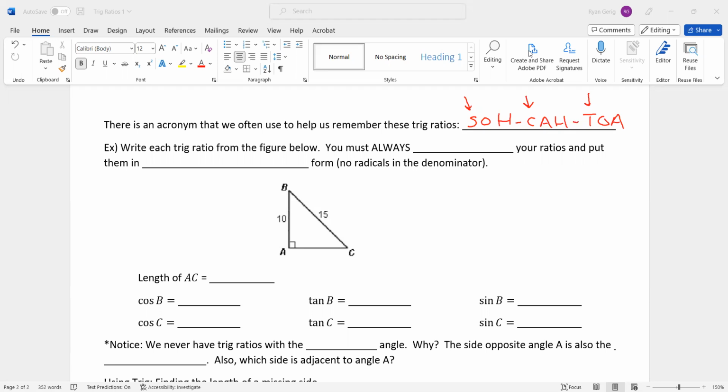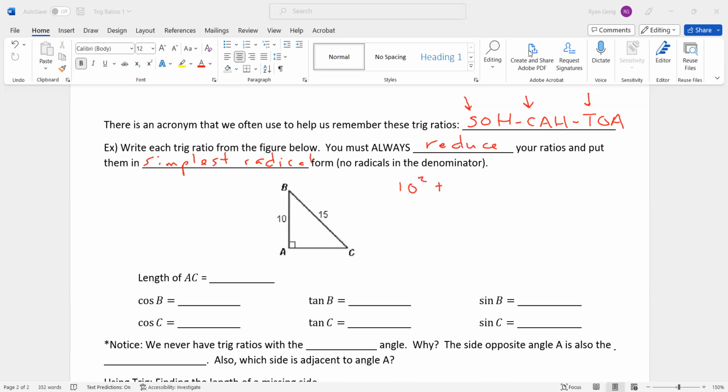All right, so we're going to write the trig ratio from the figure below. You must always reduce your ratios and put them in simplest radical form. Okay, no radicals in the denominator. So first thing we need to do here is find the length of AC by using the Pythagorean theorem.